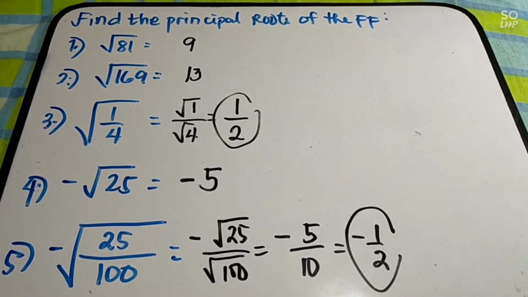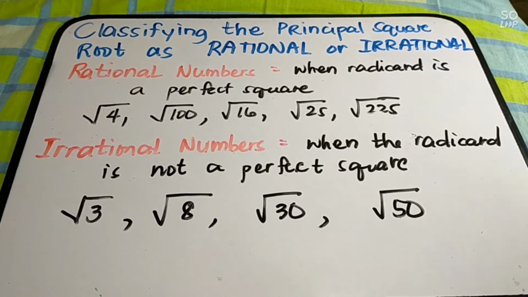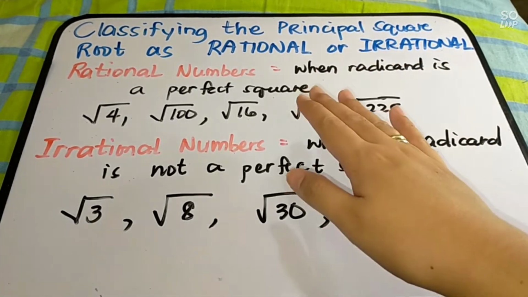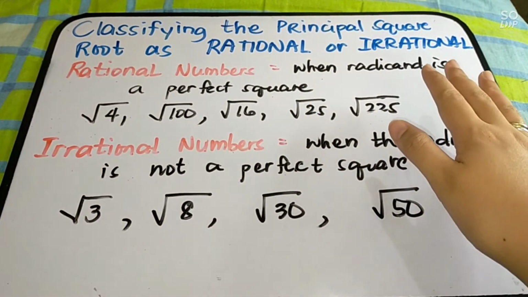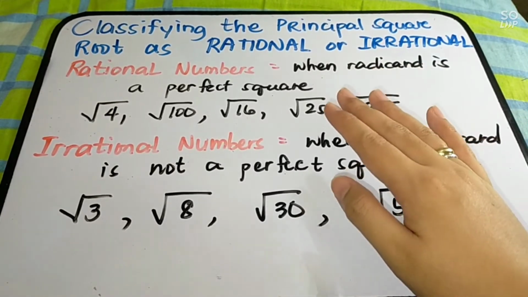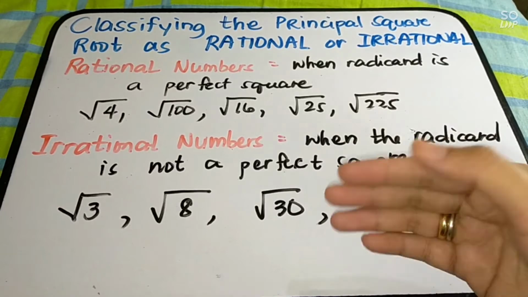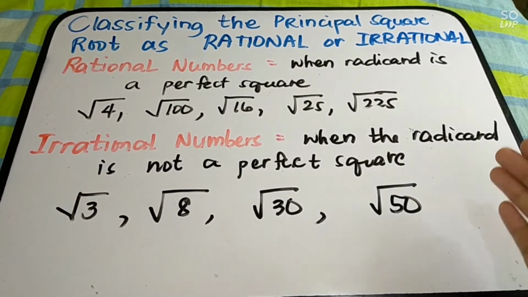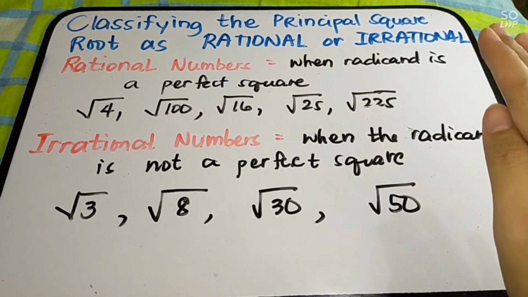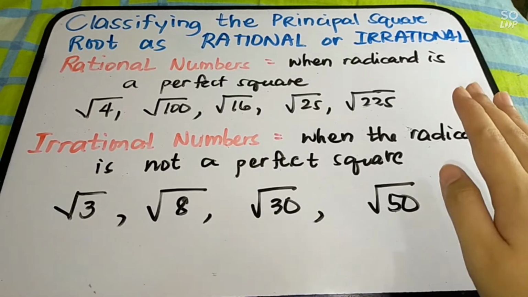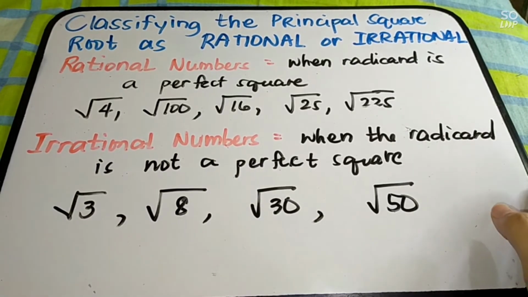Naintindihan po? We can classify the principal square root as rational numbers or irrational numbers. So, what are those rational numbers? When you say rational numbers, your radicand is a perfect square. Okay? So, kapag yung radicand mo is a perfect square, makakakuha ka ng whole number na sagot. Tama?